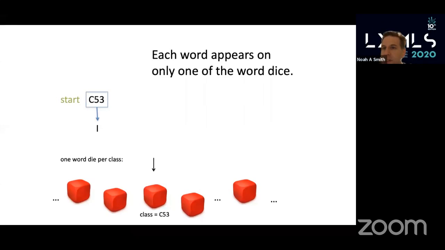So I've colored these dice red. I pick up the class 53 die, I roll it, and I get a word. I get the word I. Notice, because every word is only associated with one class, each word in the vocabulary will only appear on one of the dice. So these are smaller dice than the unigram dice we had before.